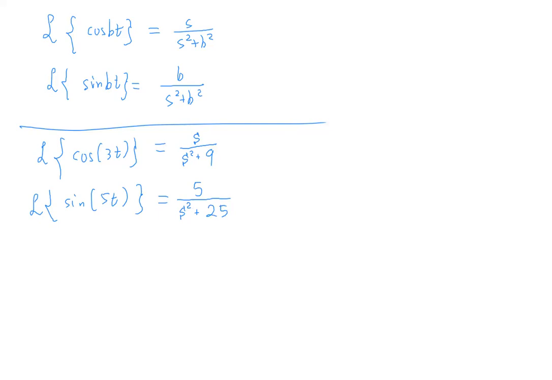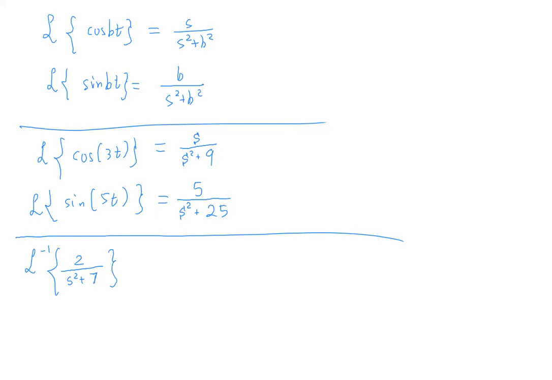Very nice. And now, how about we play the opposite game? What if I told you what is the inverse Laplace transform? So what would give you 2 over s squared plus 7? Ouch.